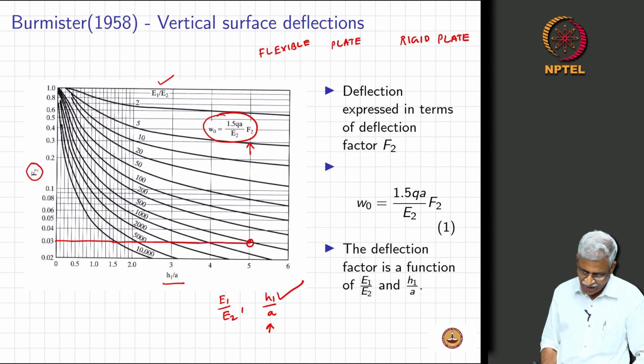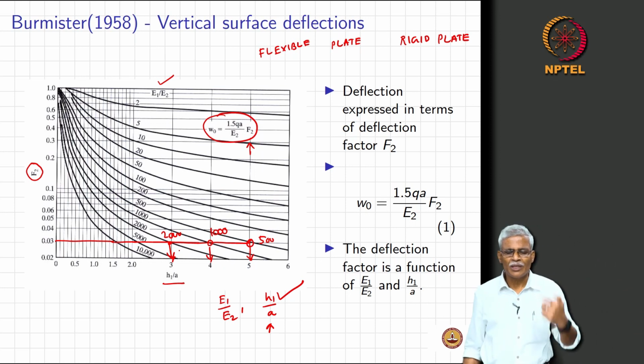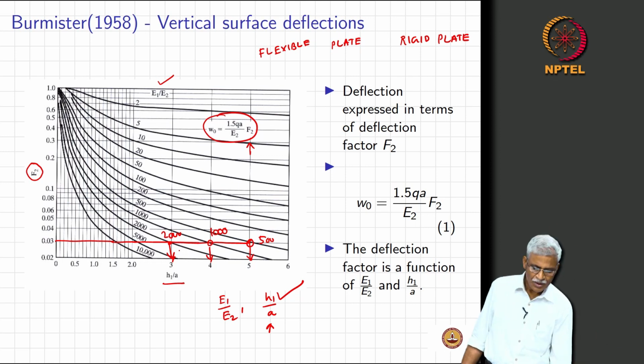For the same deflection, if your modulus ratio is 500, your thickness is going to increase. If your modulus ratio is 1000, this is what you are going to get, and if your modulus ratio is 2000, this is what you are going to get. So H1 by A keeps reducing as you increase your modulus values here.